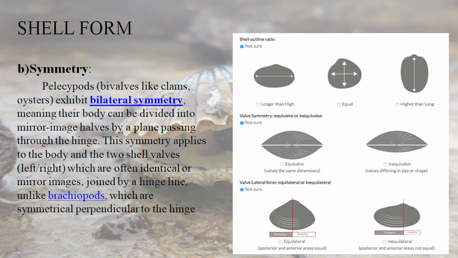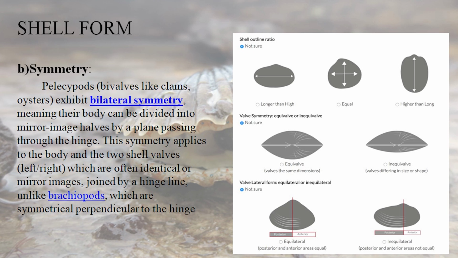Equilateral means the left side and the right side, which we call anterior and posterior, are equal in size, so it is equilateral symmetry. The second picture is inequilateral because the anterior side and the posterior side are different. The posterior side is much greater in size than the anterior side.